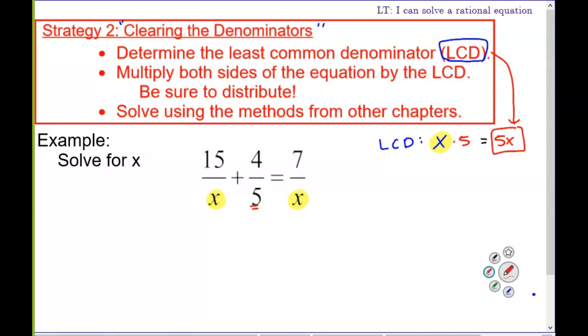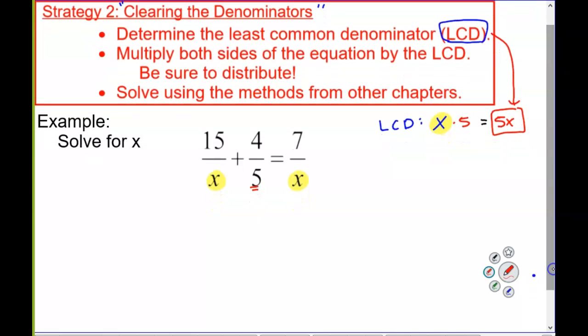Now, this first time we do this problem, it's going to be just a little bit annoying, because I'm going to show all the proper steps. So what do we do now that we have the LCD? We need to multiply the entire thing by 5x, which is all of these pieces are multiplied by 5x. But keep in mind, it's 5x over 1.